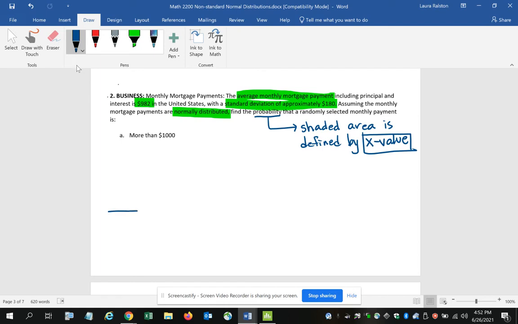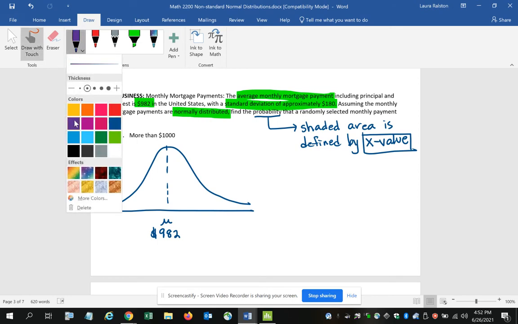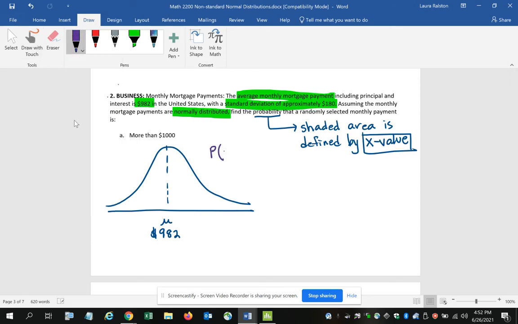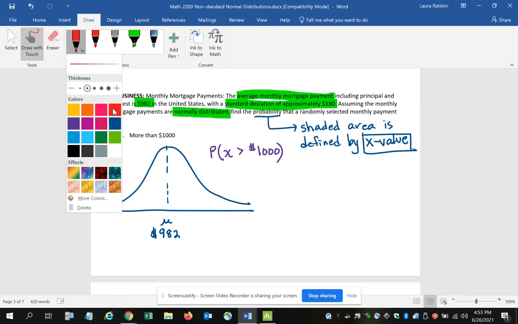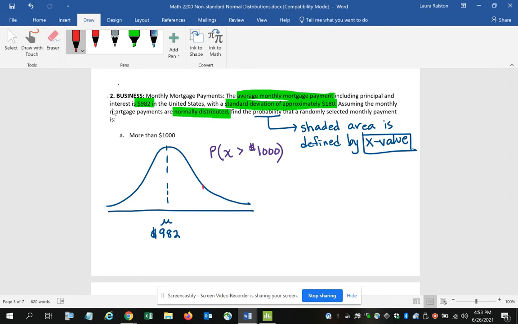So I have my horizontal axis, my normal bell-shaped curve, the mean is in the middle, and the mean, I'm told, is $982. And I'm looking for the probability that my monthly mortgage payment is more than $1,000. So thinking about what that would look like on my graph, $1,000 is greater than the average of 982.